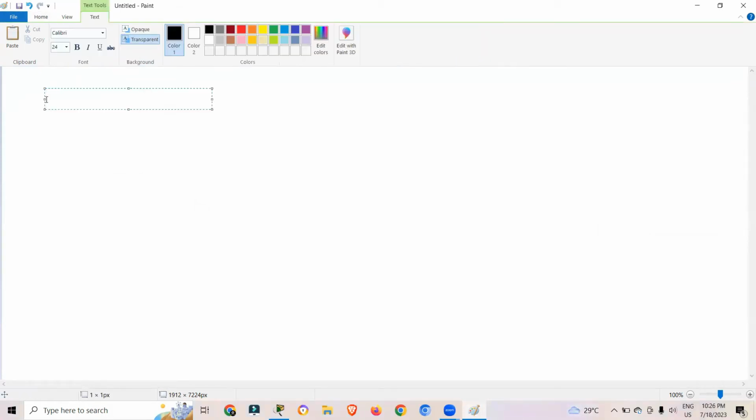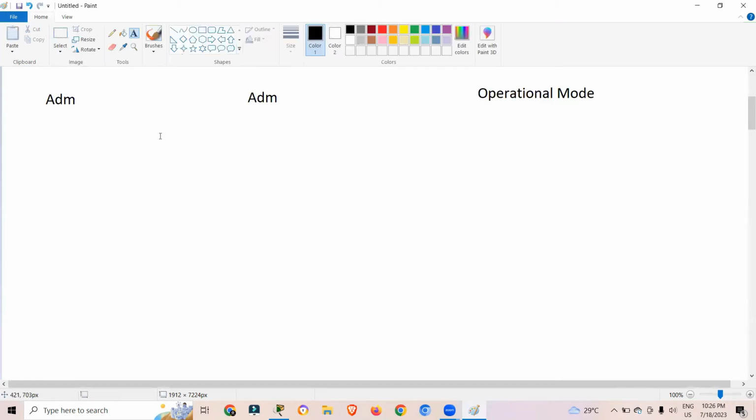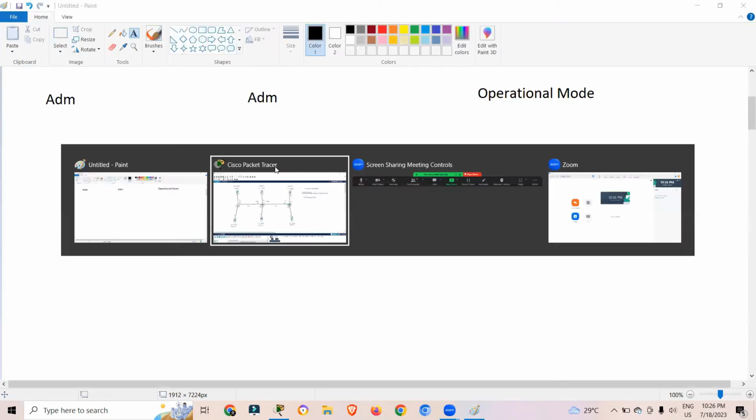So how will these operational modes work? I will note down the administrative mode here: administrative mode plus administrative mode will give an output of operational mode, like we have done in our last practical.